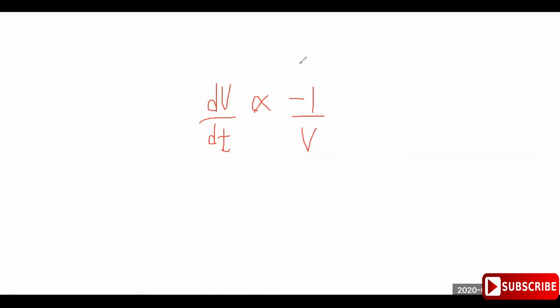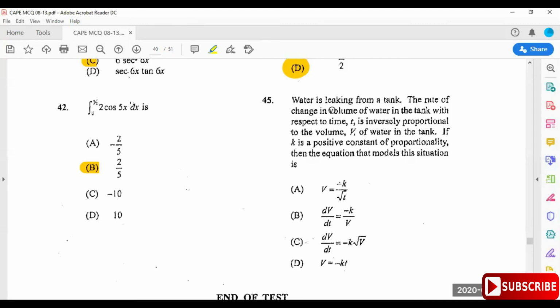So to write this as an equation now: the inverse is 1 over V, and then it is negative 1 over V because the volume is decreasing. So it is 1 over minus V. If the volume is decreasing, then you put a negative sign.